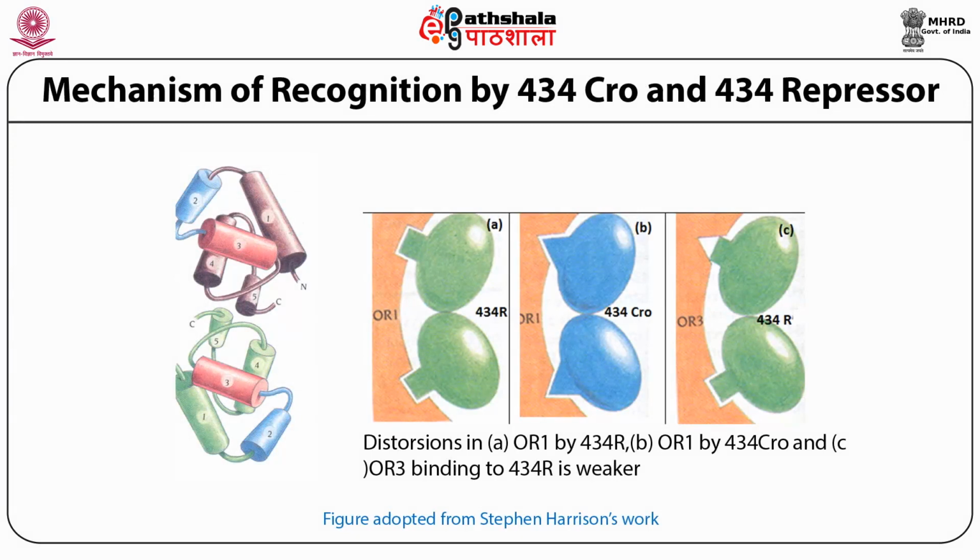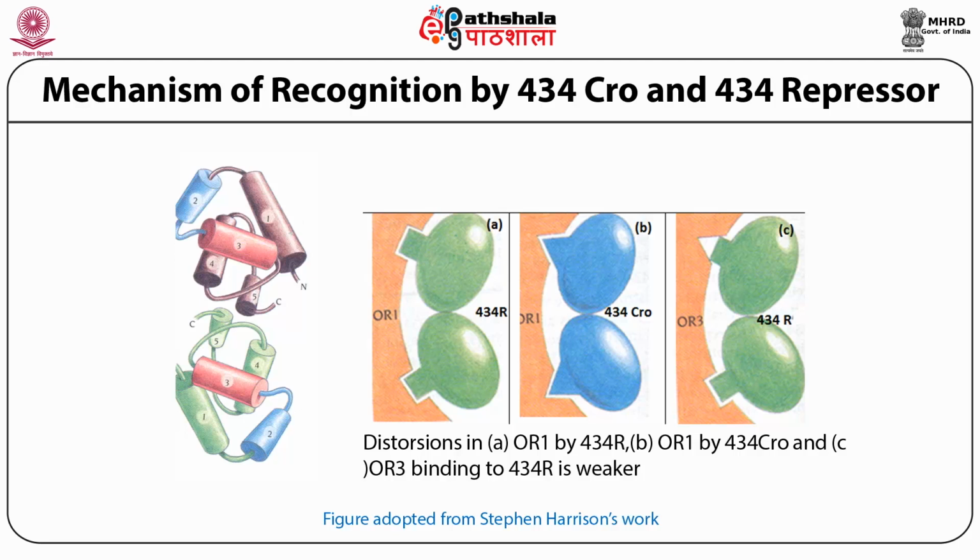The mechanism of recognition of 434 Cro and repressor is explained in this figure. We show the model on the left-hand side and on the right are shown the distortions. In figure A, it is the binding to OR1 by 434 repressor. The square part shows the distortions created by them.